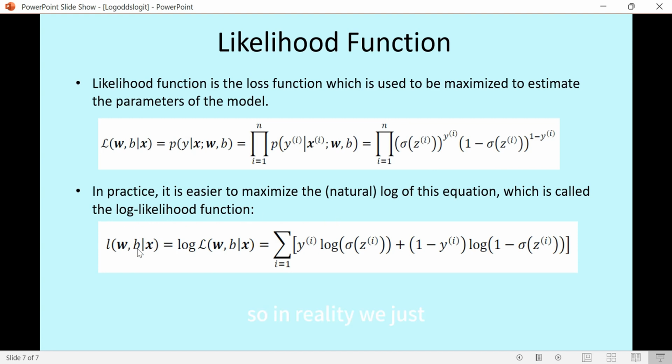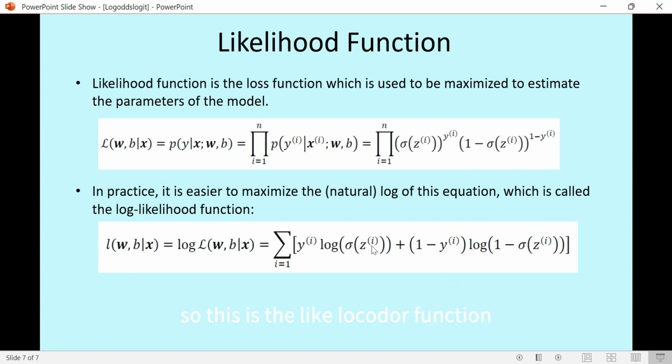So in reality, we just use the logarithm of this function, called the log likelihood, written with a lowercase l, l(W, B, X). It is actually the same, just the logarithm of this function, and thus the product is transformed into a summation, and the yi and 1 minus yi exponents become multipliers.